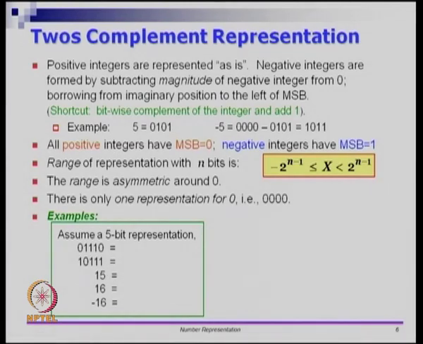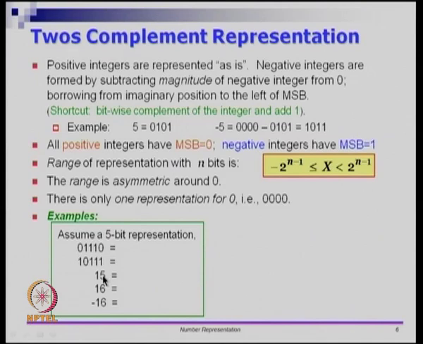So 0 1 0 0 plus 1 is 0 1 0 1, which is 5. Since we started with MSB equal to 1, it is minus 5. Then let us look at 15, how to represent 15.